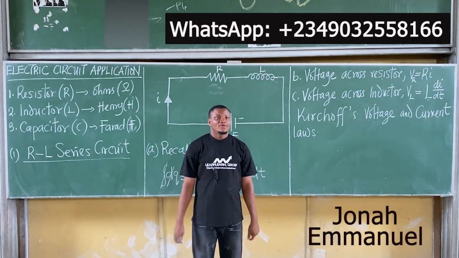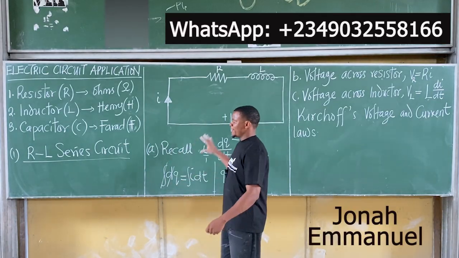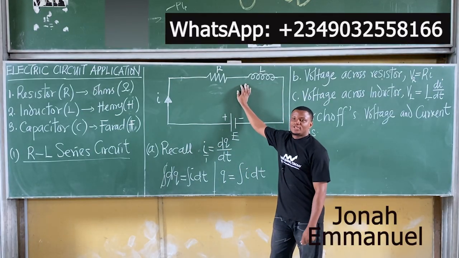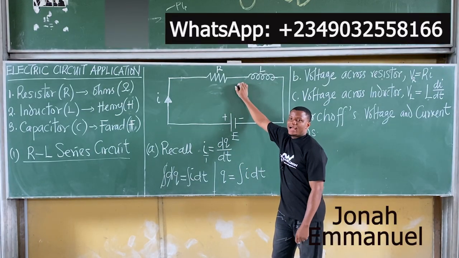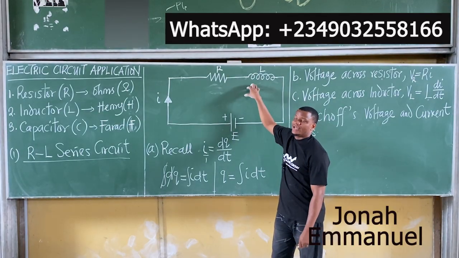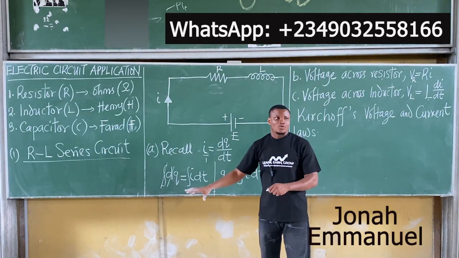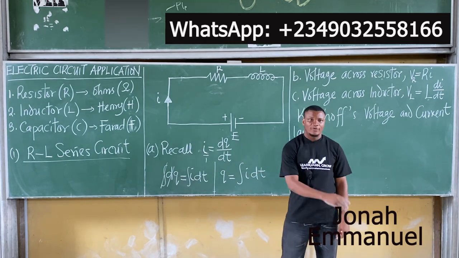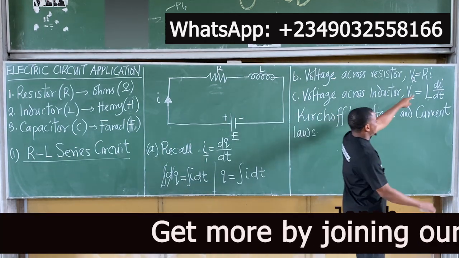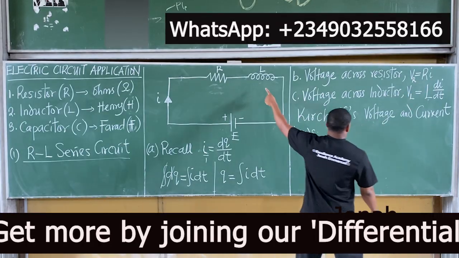Having said that, considering the elements in this particular concept, which is R and L, we'll get the voltage drop in the resistor as well as the voltage drop in the inductor. These are the two elements here. And we'll simply equate to what there? The electromotive force. For the resistor, what do you have? Ri. For the inductor, what do you have there?